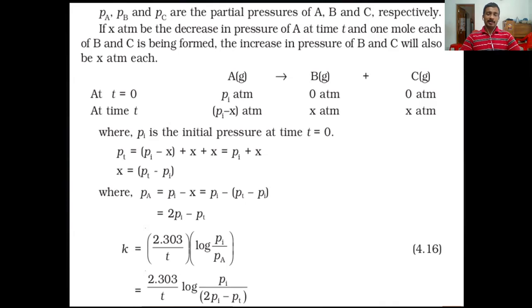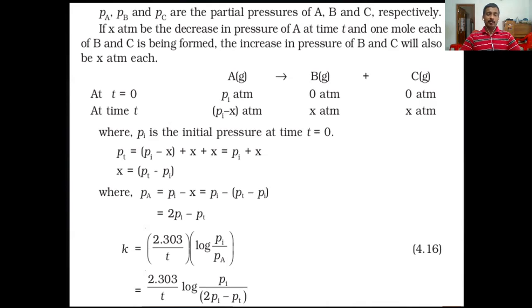So initial concentration is proportional to partial pressure of A at the beginning, that is Pi, and final concentration is proportional to partial pressure of A after time t, that is Pa. So k is equal to 2.303 divided by t log Pi by Pa, but Pa is equal to 2Pi minus Pt.